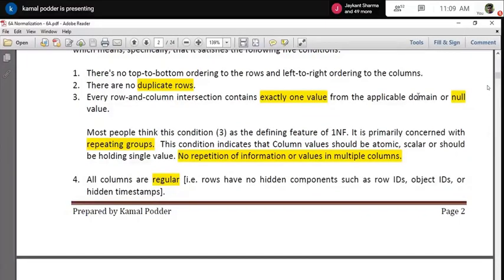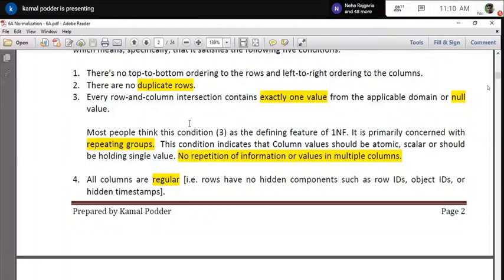What is the next one? There should not be any duplicate rows. This is the first primary condition, and that is the reason that when creating data we create a primary key, so that there are no duplicate rows.